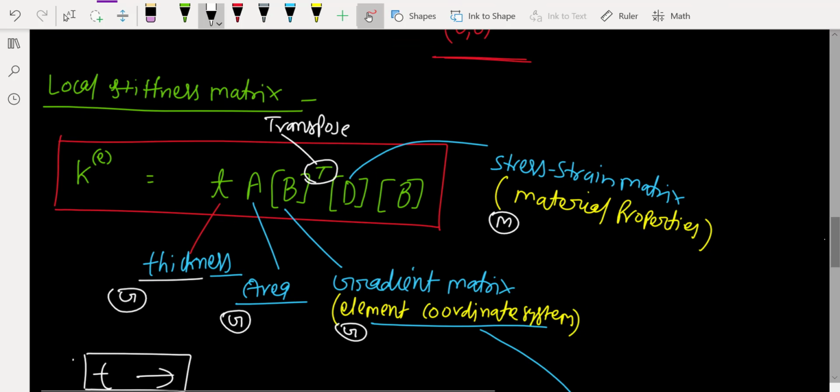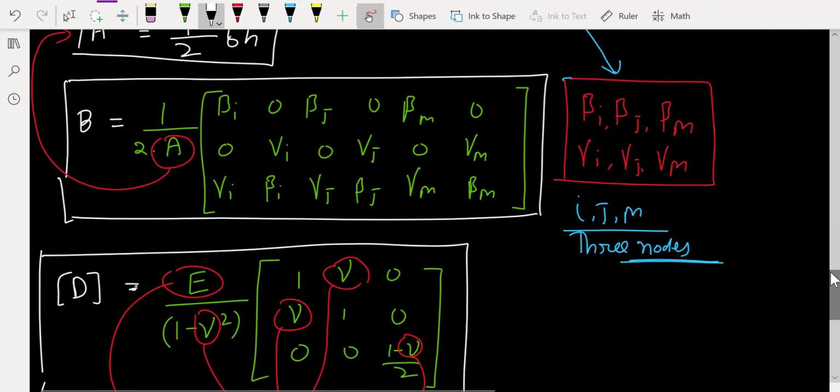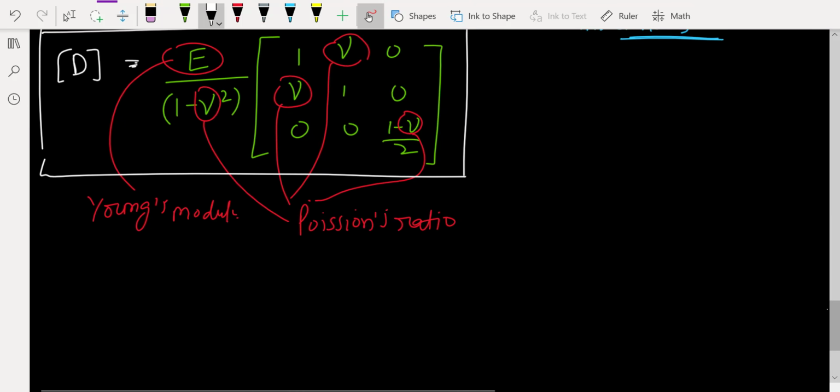Once we have B transpose, and then you have D from here.